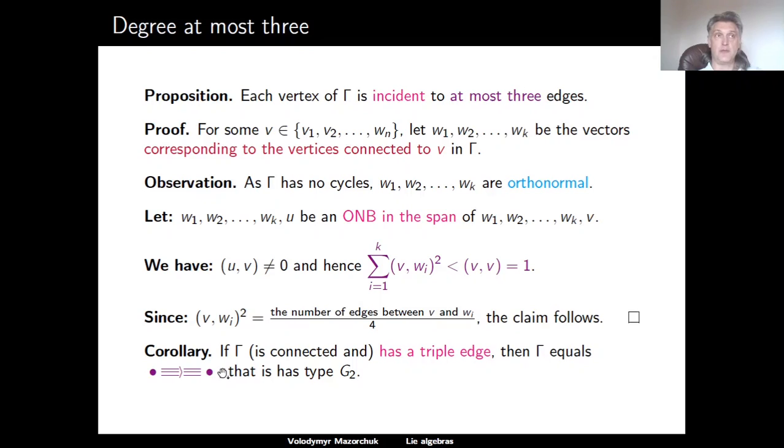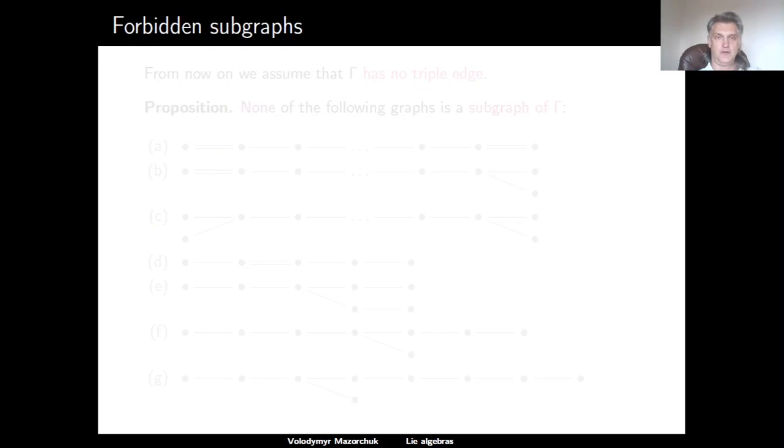So there is only one Dynkin diagram having a triple edge, and this is the diagram G2. In order to exclude all other possibilities apart from the original list of Dynkin diagrams, we have to study forbidden subgraphs in Dynkin diagrams. So from now on, let us assume that gamma has no triple edge.